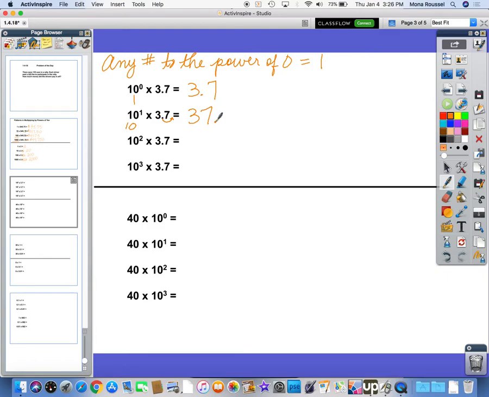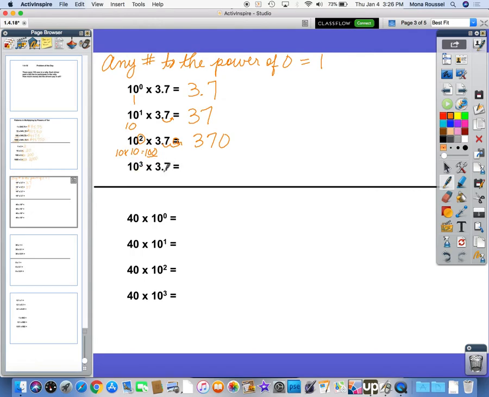If it ends up behind the last digit with nothing behind it, we drop that decimal off. 10 to the power of 2 is the same as saying 10 times 10, or we can think of that as 100, which represents 2 place value columns. The 2 zeros represent 2 place value columns as noted by the exponent. So we move the decimal to the right 2 times. We have 1 empty spot to fill in a 0, so the product would be 370.